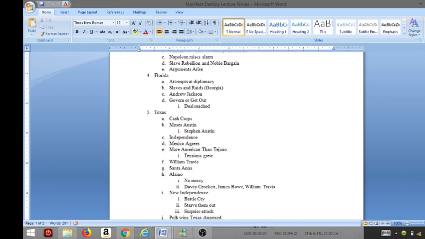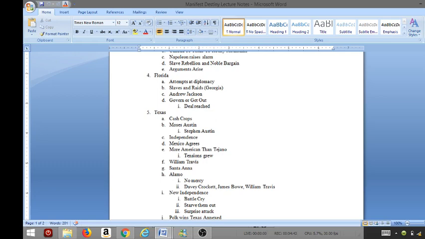Moving on to Florida. After Louisiana was purchased through diplomacy, America then set its sights on the peninsula of Florida. They initially tried attempts at diplomacy, though those attempts failed. Most of America at the time didn't really see a point in getting Florida since it was such a small territory.